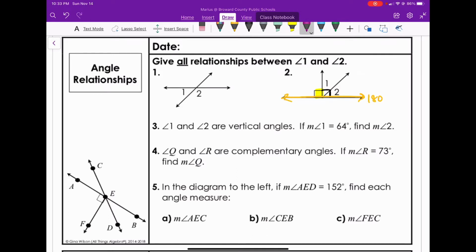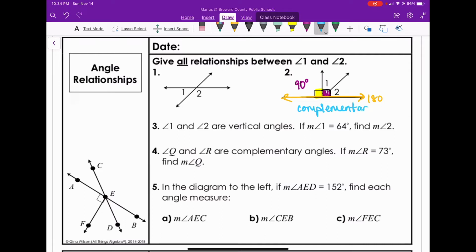If this part is already 90 degrees, then the other half is also 90 degrees. That's important because angle 1 and angle 2, this is what we would call an example of complementary angles.